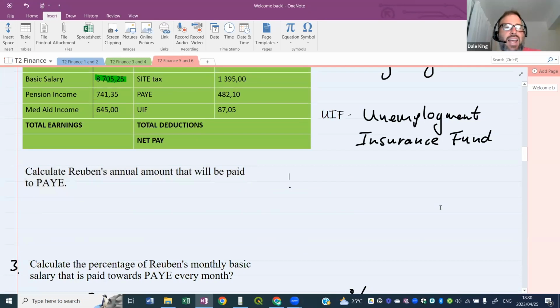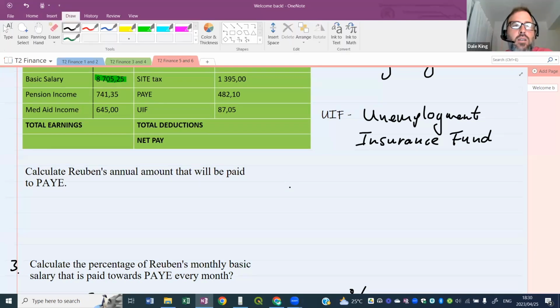Calculate Ruben's annual amount that will be paid towards PAYE. Nice and easy. That should be quick. Calculate Ruben's annual amount that will be paid to PAYE.